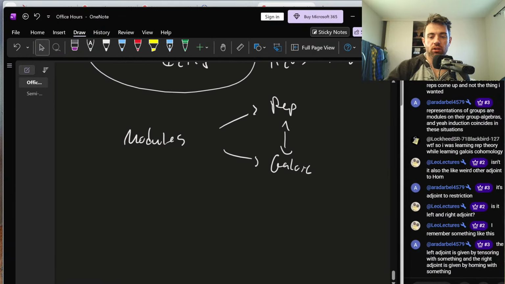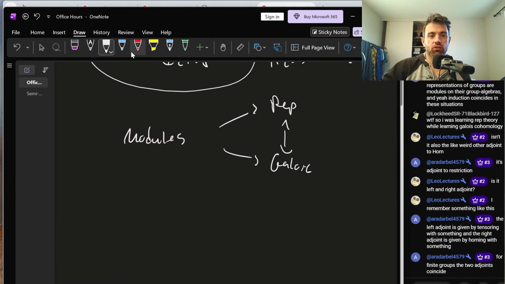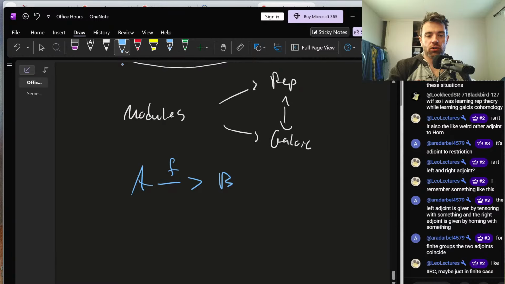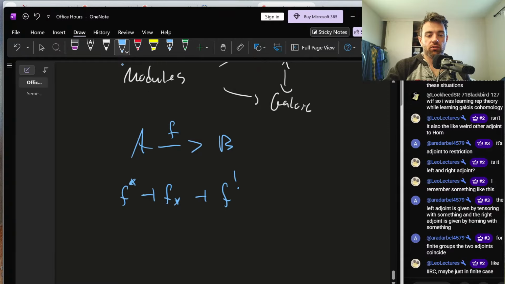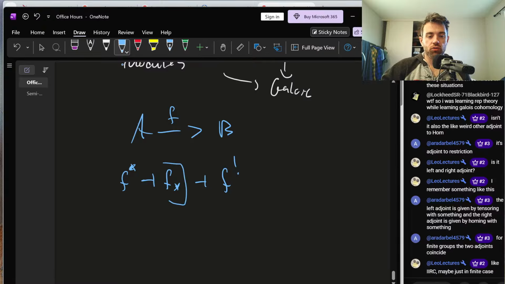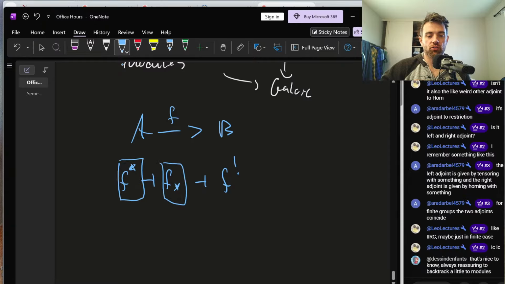Yeah, so I think I have an old video called Adjunction Junction, where I don't prove it, but I do at least state that we have this triple adjunction. If f goes from A to B, then we have this triple adjunction of functors. God, I always forget the order to write things in. The middle's restriction. I probably have this backwards. It's something like this. So this is restriction of scalars, this is extension of scalars, and then this is extension of scalars.